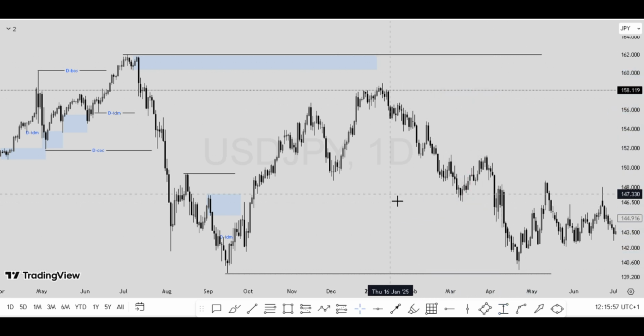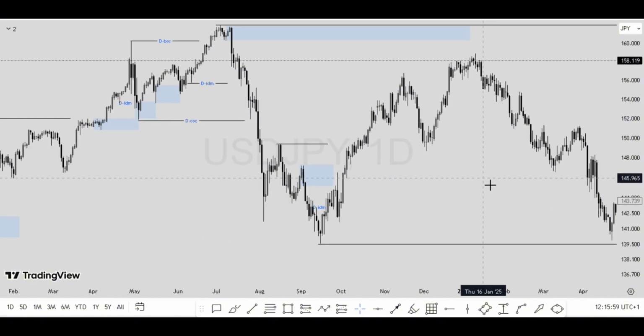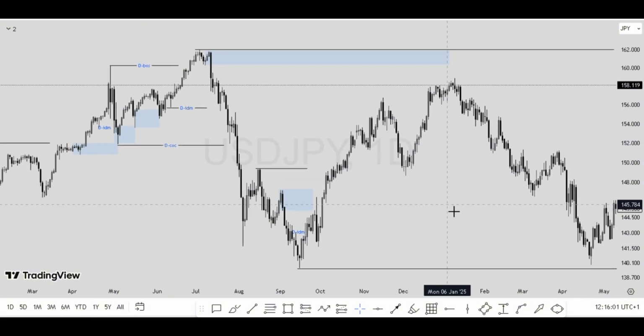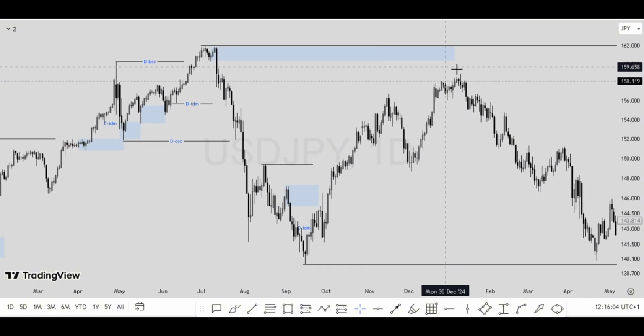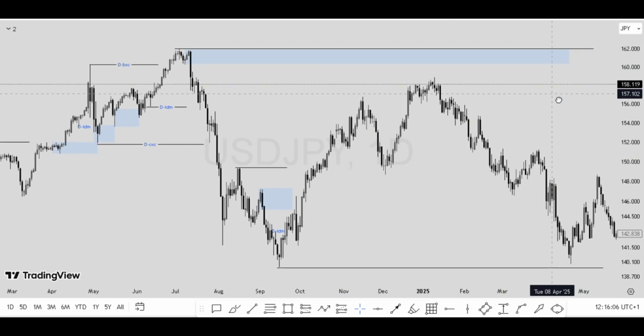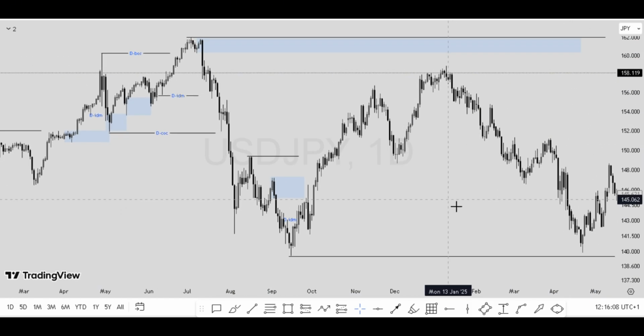But remember, the market will create its drama in between. It will form daily structure and so on. But we are waiting for the market to get here before we can say we want to continue selling, if this sell is going to hold, or if the market will also change character to the upside.